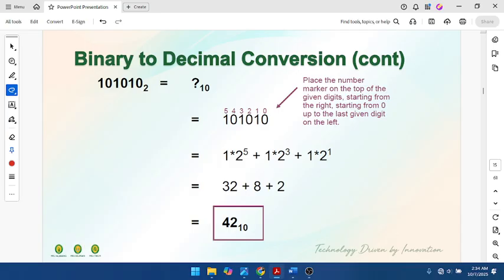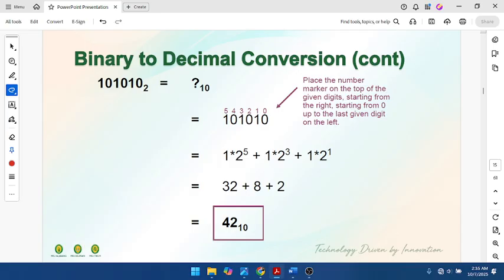We always start from the far right with position 0. Look at the given, guys. So for 101010, the positions are 0 to 5. So we will apply the efficient method.